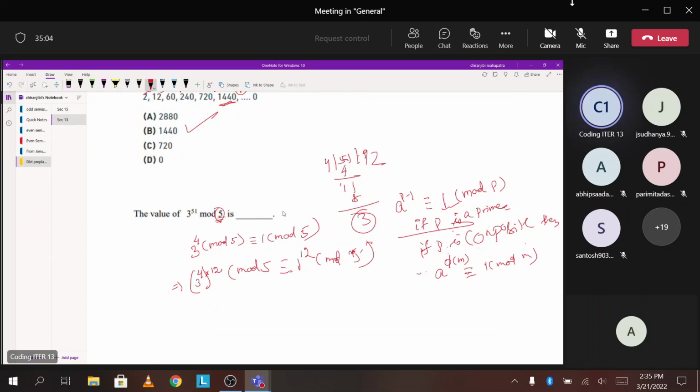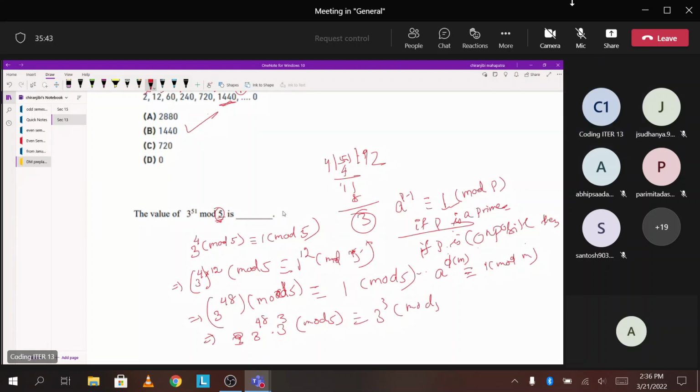Then this happens 3 to the power 48 mod 5 is congruent to 1 mod 5. Still we have 51, so we have to add 3 more, so 3 to the power 48 into 3 to the power 3 mod 5 is congruent to 3 to the power 3 mod 5.